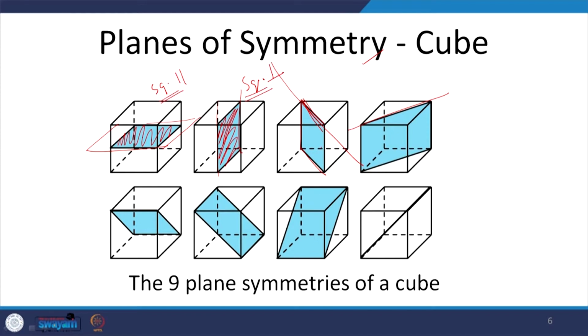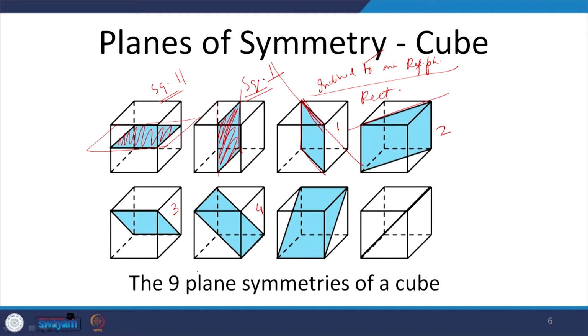In case it is inclined to one reference plane, we will get rectangles. So, all these 1, 2, 3 and 4 are the variations of the same case where it is inclined to one of the reference planes and perpendicular to the other.